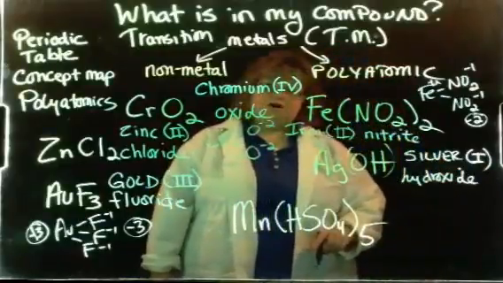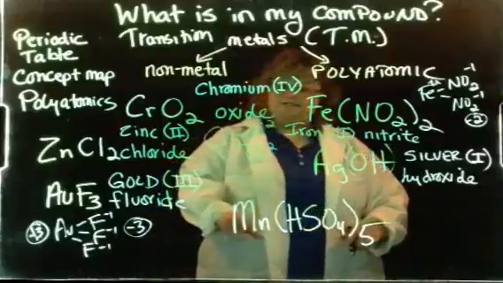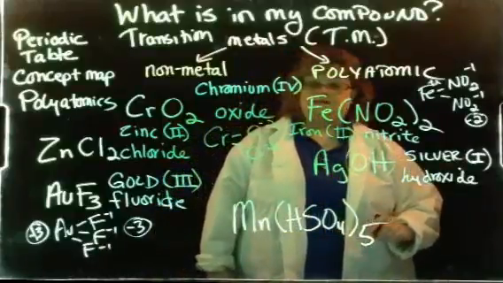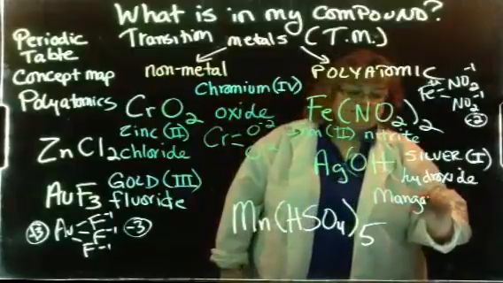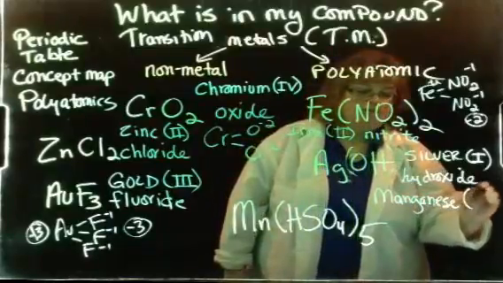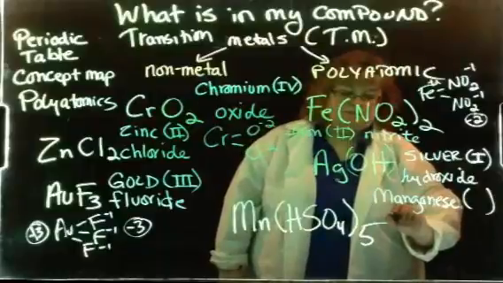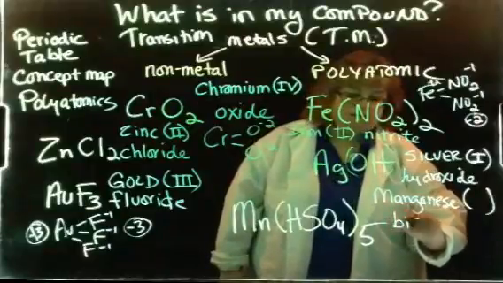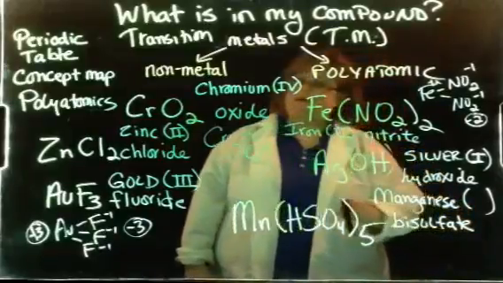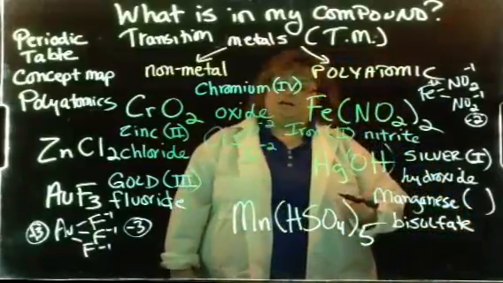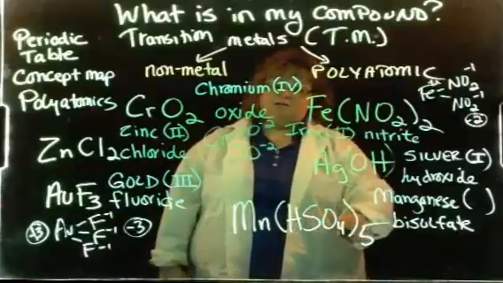That looks like a pretty long one to write, but that's still a transition metal attached to a polyatomic. So that is manganese. That is not magnesium. And then we go ka-ching. And we can name that bisulfate, or you can name that hydrogen sulfate. Healthcare workers should know that it's bisulfate because that's how you'll hear it in the hospital. All right, so I'm going to take a look at bisulfate.